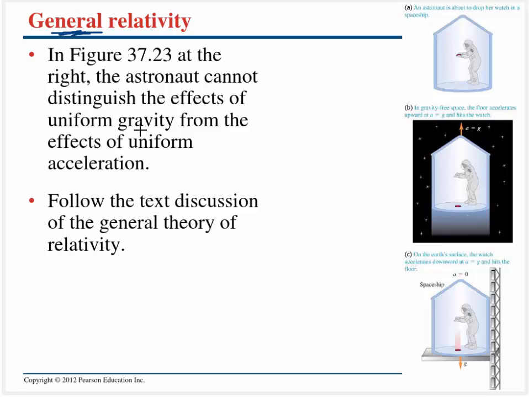Now, as we come up with newer theories in physics, we do have something called the correspondence principle, which says, okay, if you used to be able to explain something, and something new comes along, you need to be able to explain both of the phenomena.